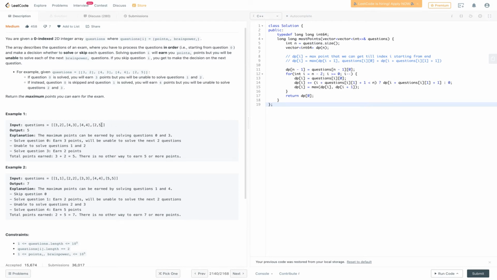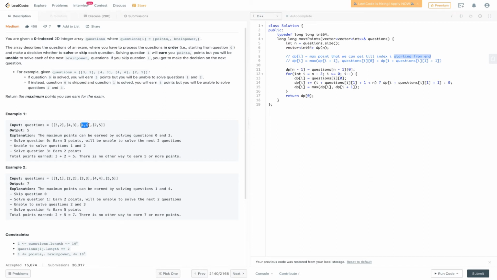Okay, so let's declare a DP array where dp[i] would be the maximum points that I can gain till index i, starting from the end. For example, if I consider the last index of the array, the maximum points that I can gain till this last index, starting from the end, which is basically this index itself, would be 2.